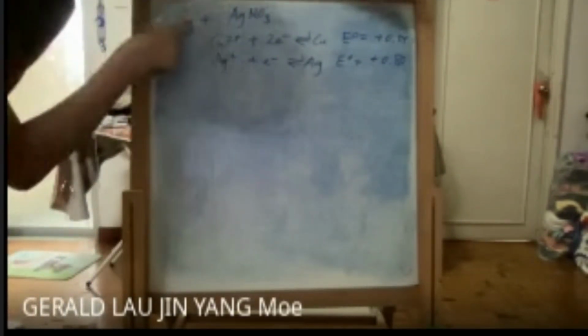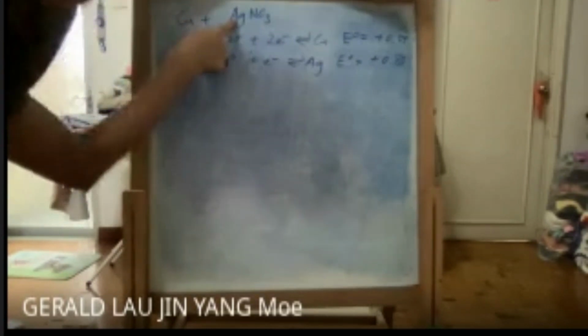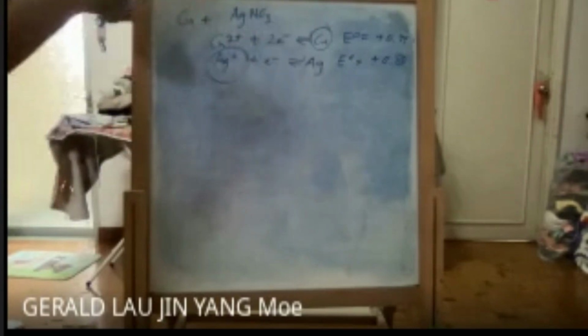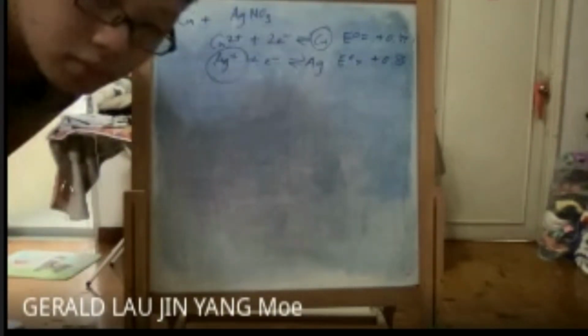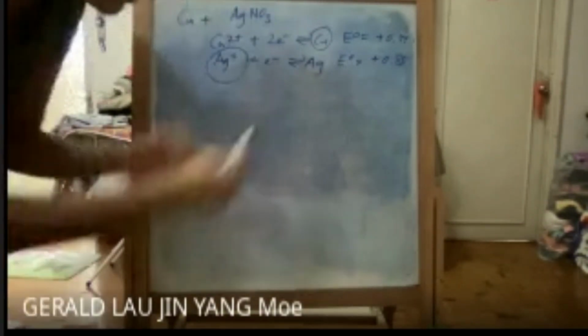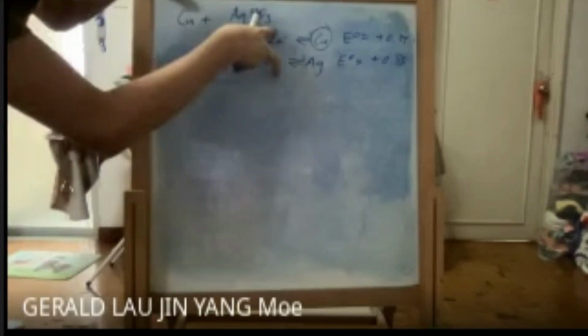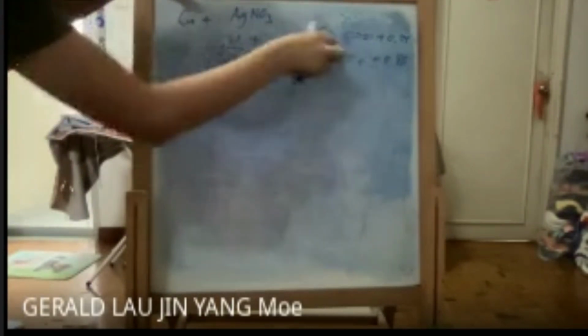Step 2, look at what is present here: copper and silver ion. Circle them. This is in your head first, you haven't started to answer the question yet. You must arrange properly and circle copper and silver ion.